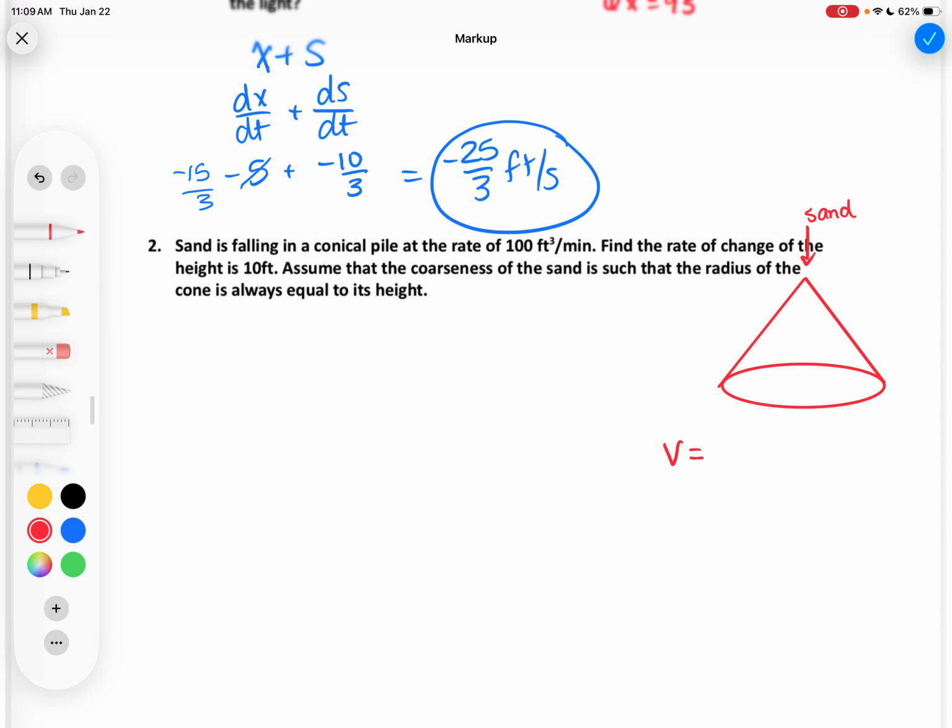So V, and then for a cone, we've got r and h. And then dV/dt, dr/dt, and dh/dt. So formula for volume of a cone, we had this yesterday, but V equals 1/3 pi r squared h.